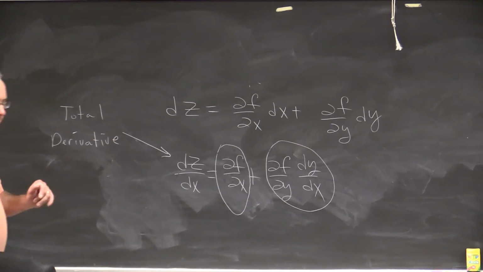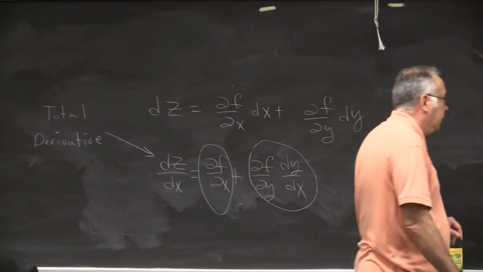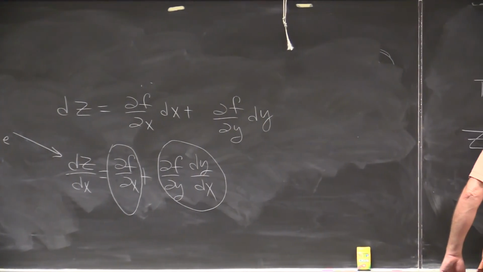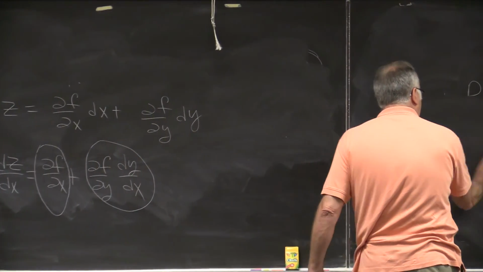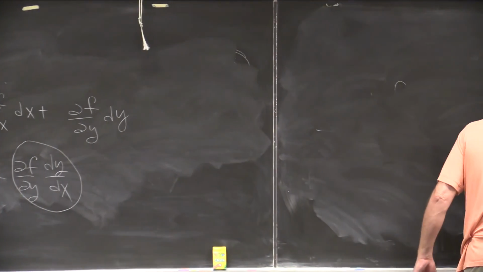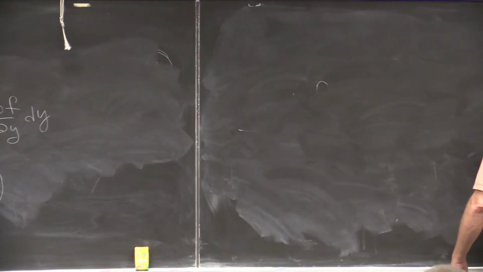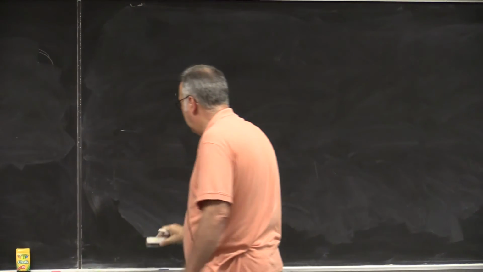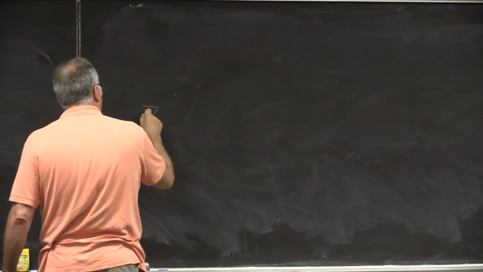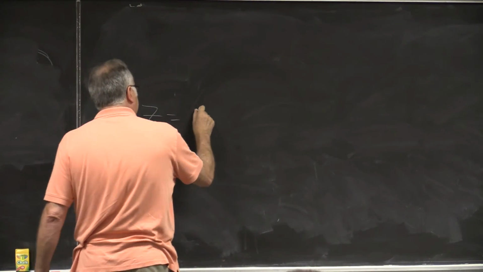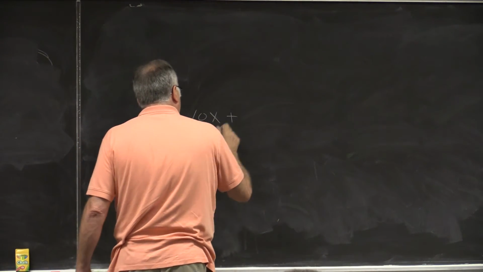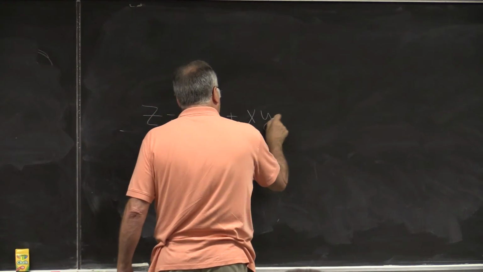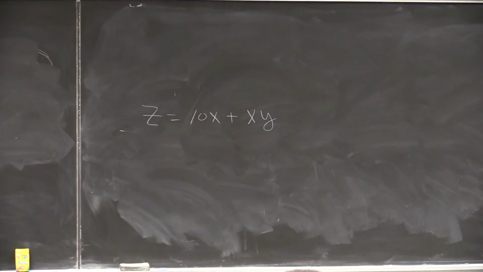Let me give you an example of this. Suppose our z function is this. z is equal to 10x plus x times y.